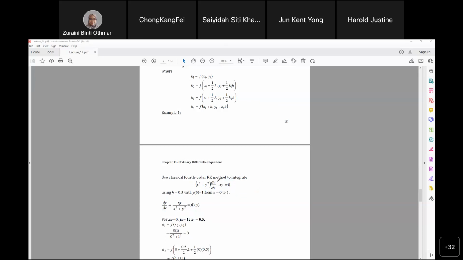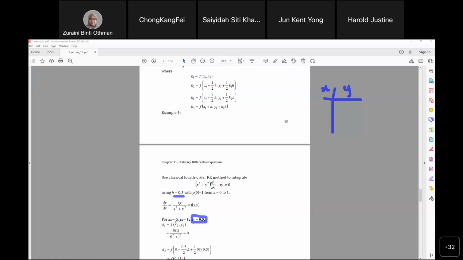Then, here, for this, we are given x0 is kosong and y0 is 1 and x1 ialah 0.5. And here we know already our h ialah 0.5 and we want to know how many calculation involved. We already know from the question. Okay, so here we can draw a table. And this is the table for x and this is the table for y.